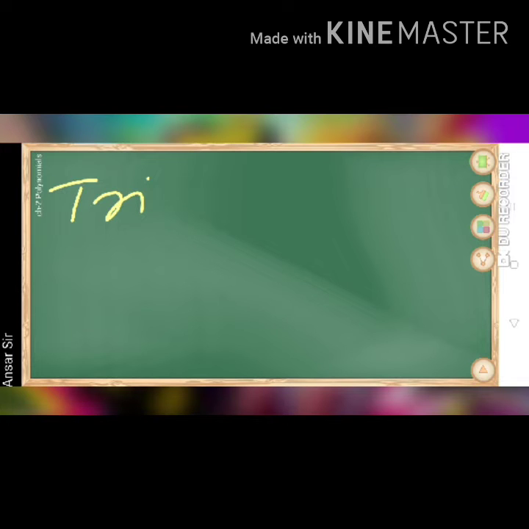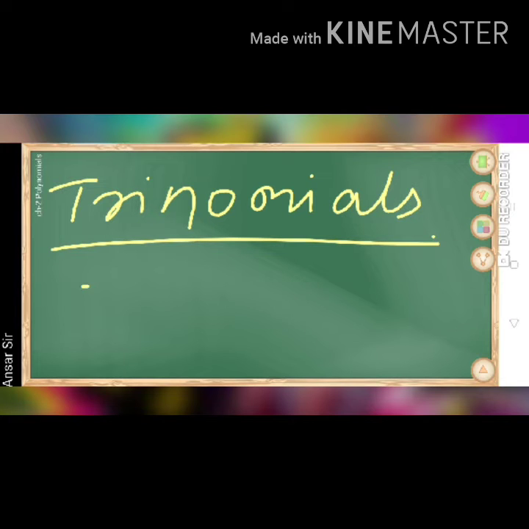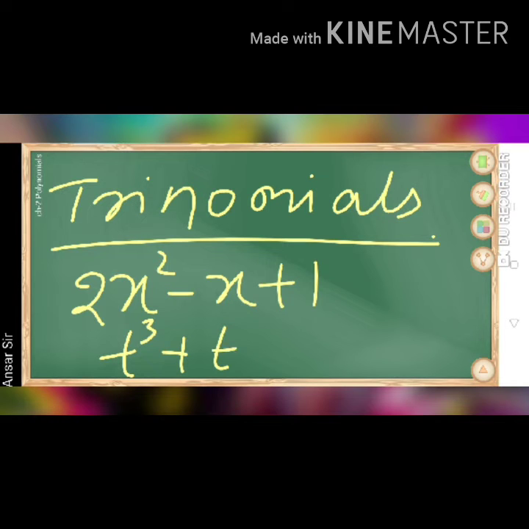Next, trinomials. Polynomials having three terms. For example, 2x square minus x plus 1 and t cube plus t square minus t. These are examples of trinomials.